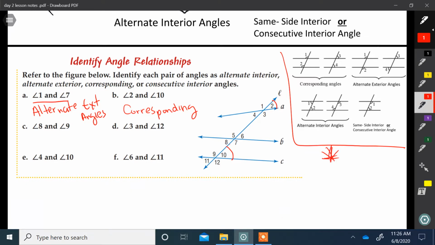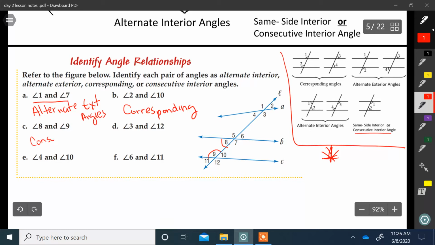That way you can see it and then you can refer to that when you do this. We have 8 and 9. 8 and 9 are what we call consecutive interior angles, because they're on the same side.